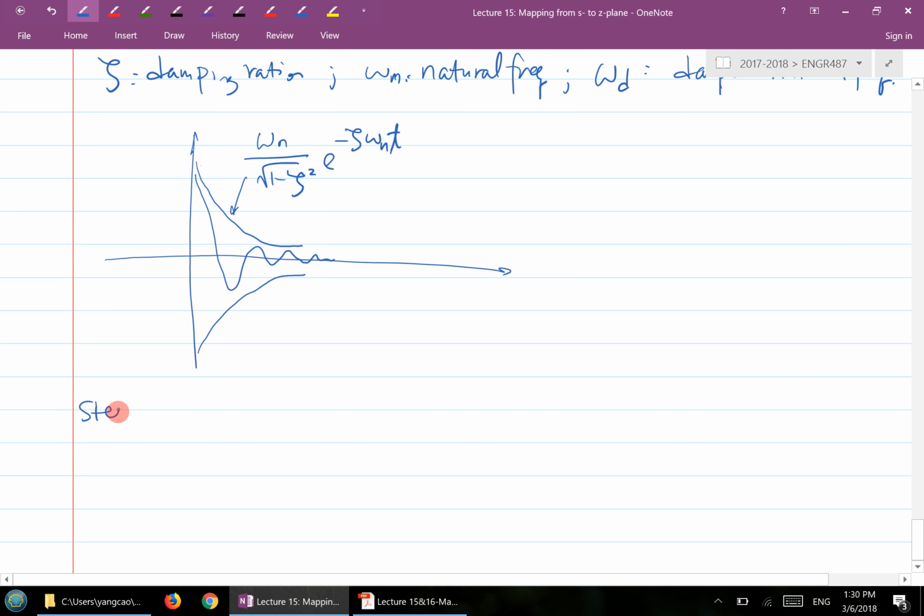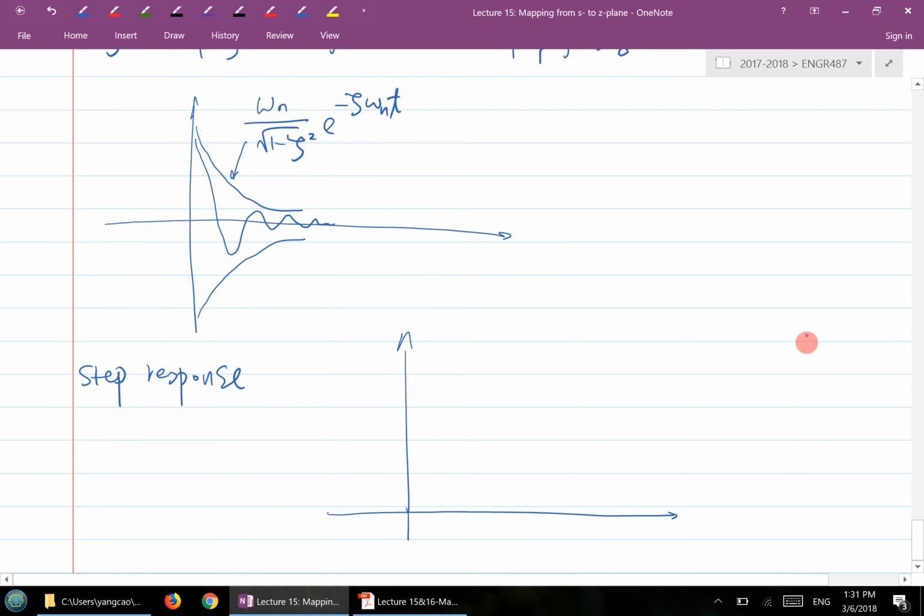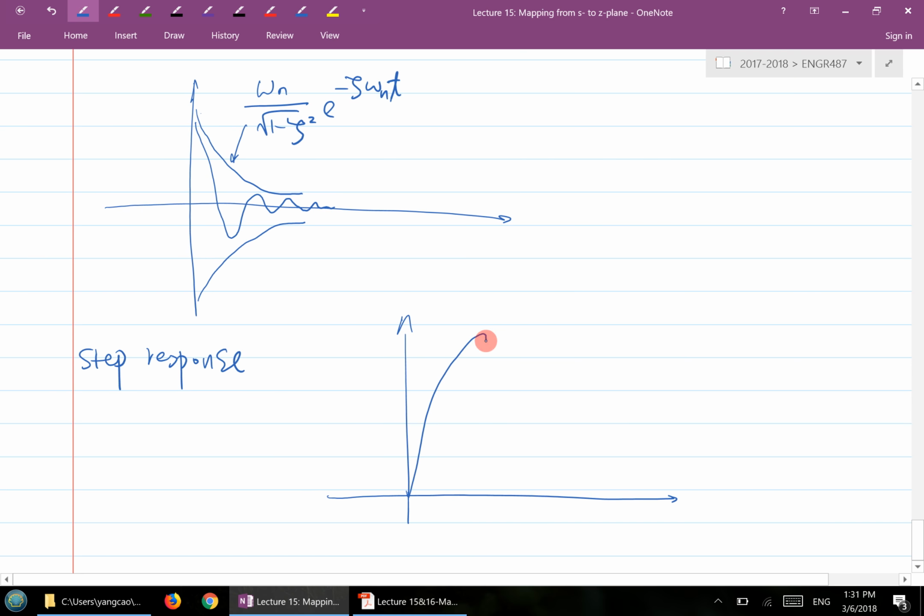We typically use a step response to analyze the system performance. For this kind of system, you can apply a unit step input, then your response could be something like this, right?